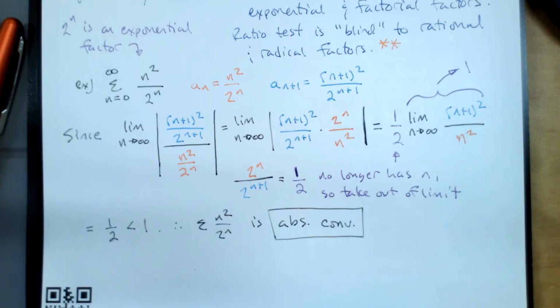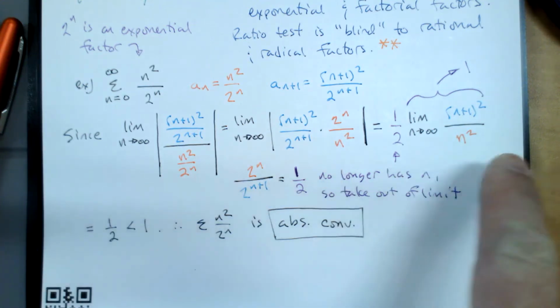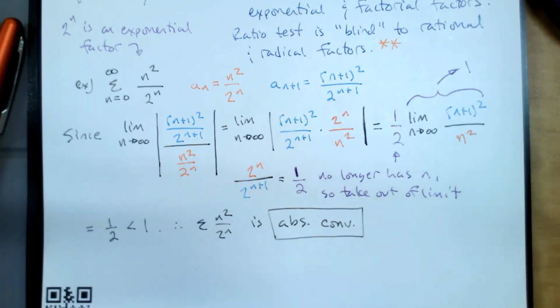Like I said yesterday, we're trying to build an instinct about what's going to happen so that we don't have to write all this detail down for the ratio test. We don't want to have to write this down. We just want to be able to conclude that this is absolutely convergent. So it's important to take a look at this and think, what made this limit from the ratio test come out to 1/2?